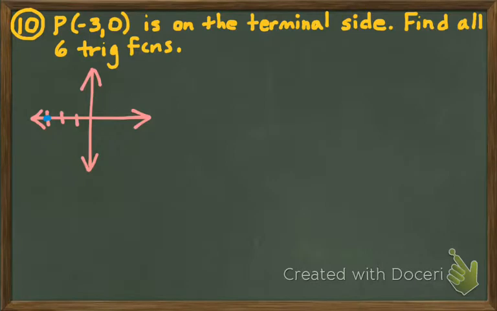which is for you to use the definition of the trig functions or the trig ratios for any size angle. So remember the sine of this angle is going to be y over r, and r is just the distance from the origin, so r for this problem is going to be 3.